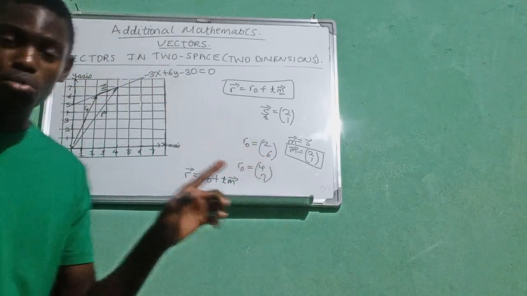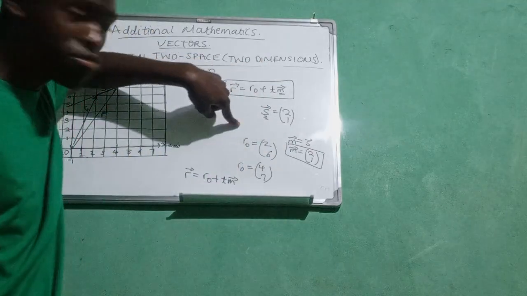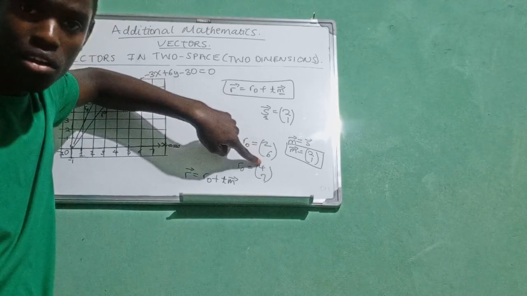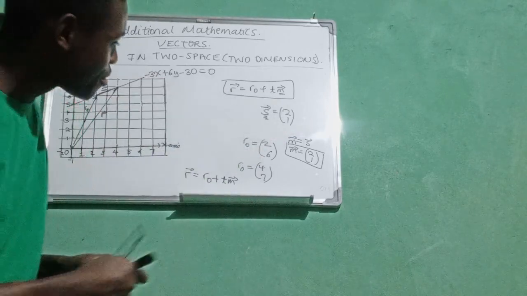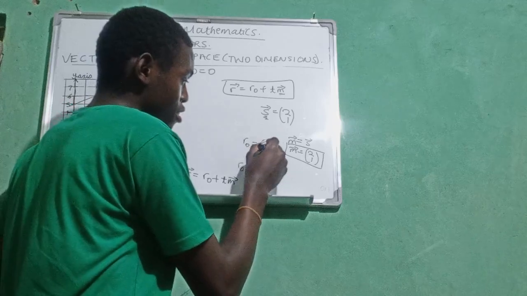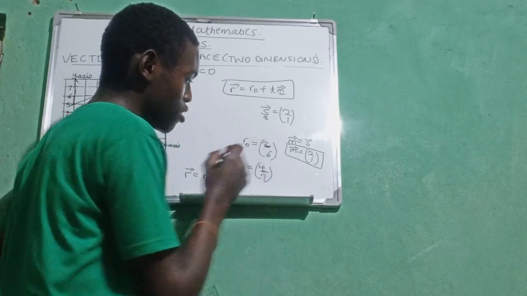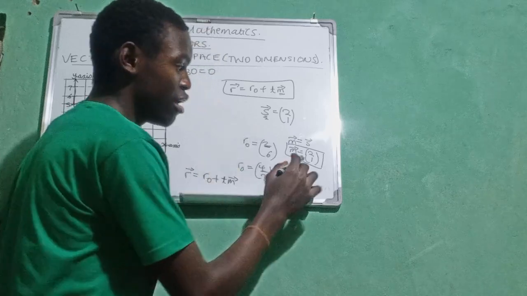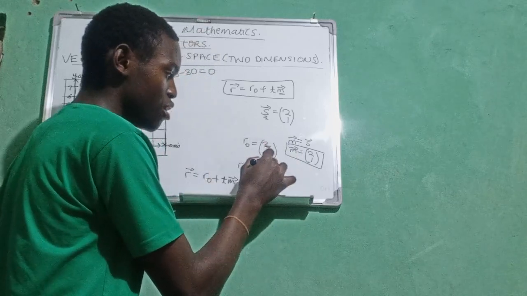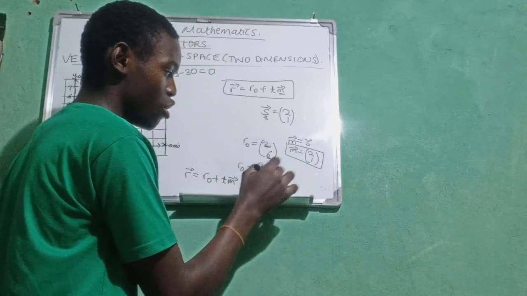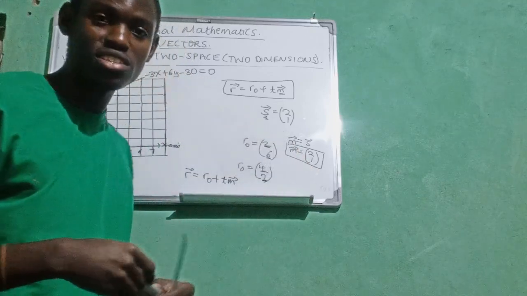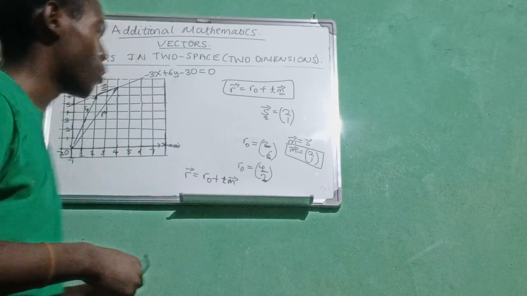So from here to there, we have moved 2, hence the 2 there. Then from here to there, we have moved 1, hence the 1 there. That is why it is the direction vector 2, 1.